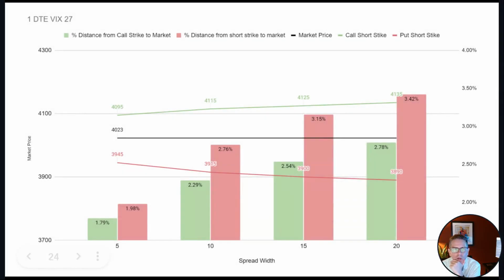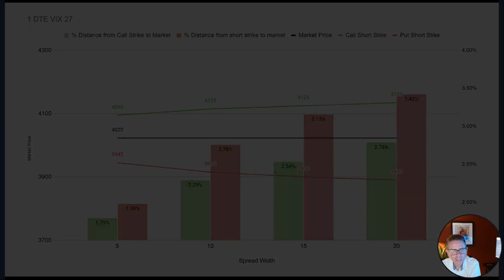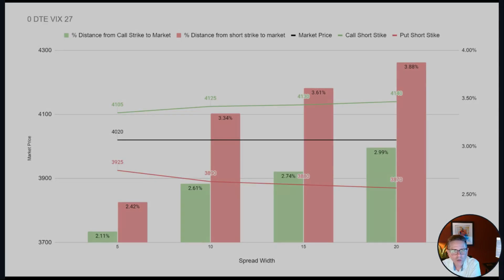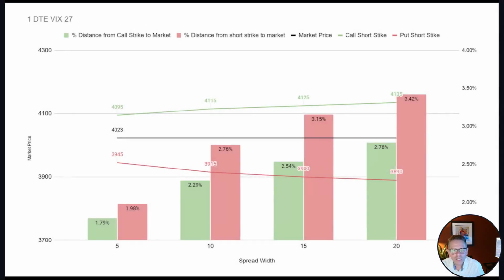And then you go to 1 DTE at 27, and isn't this weird that the 1 DTE is closer to the market than a 0 DTE at the same volatility? When I saw that, I thought, what? This can't be, but it is. This is exactly what it is. So if you're trading 1 DTE, you're actually going to get closer to the market, in line with 0 DTE. It's pretty weird, but that's how it works.